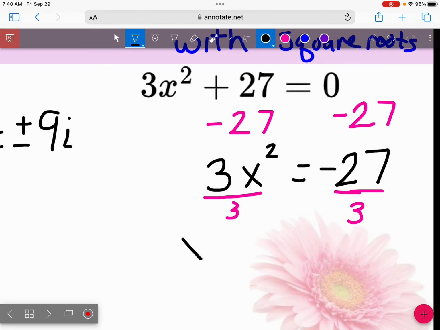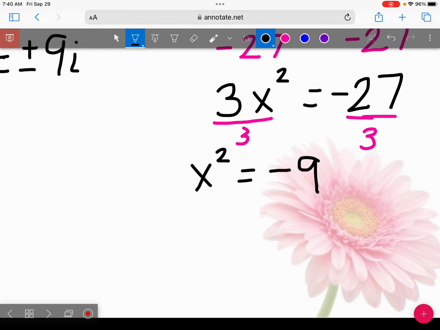So we have x squared equals negative 27 divided by 3 is negative 9. Oh, we love that. 9 is much better than 27.